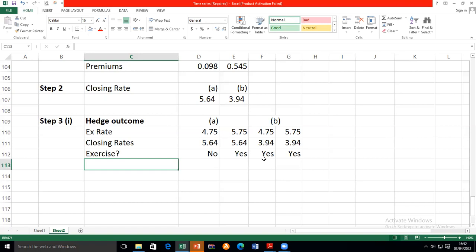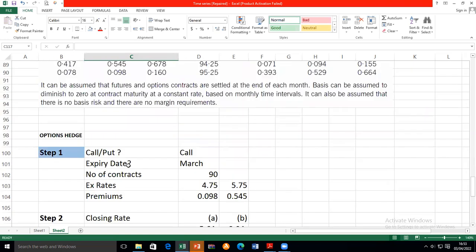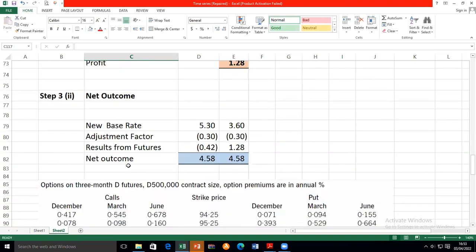So the results: here, you don't, here, yes, you're making a profit of how much? There we are. Now, the net outcome.